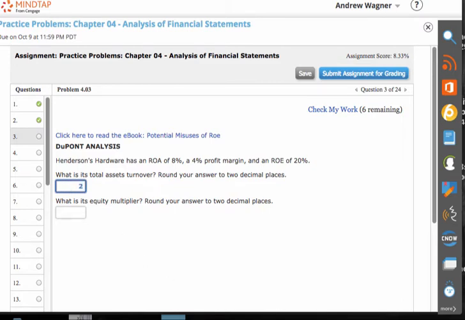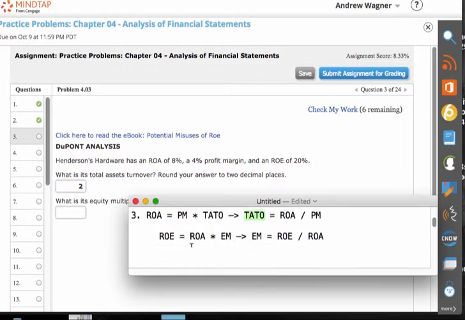And going back, now it's asking for the equity multiplier. That would be the DuPont equation, which says that return on equity is equal to return on assets times the equity multiplier, where the equity multiplier is, technically, defined as 1 divided by 1 minus the debt ratio, but we don't need that information yet. So rearranging the DuPont equation to solve for the equity multiplier, we get the multiplier equal to return on equity divided by return on assets.